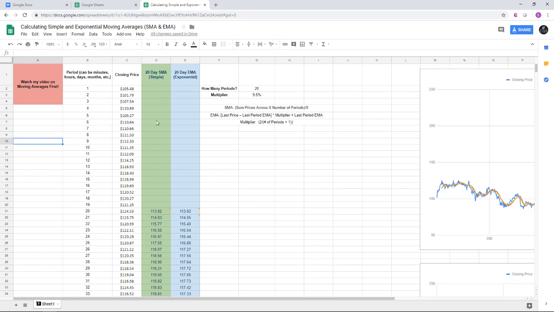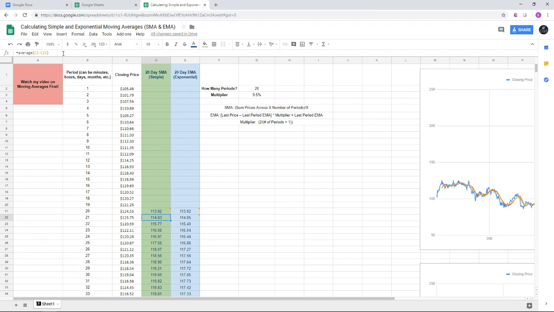So the 20-day SMA, the simple moving average, is simply the average of the last 20 days' price. You could see that C2 to C21. It's as simple as that. And you would just drag it down, and it's the same thing. But the key here is, if you look, C2 to C21. So when you move it down, it's C3 to C22.